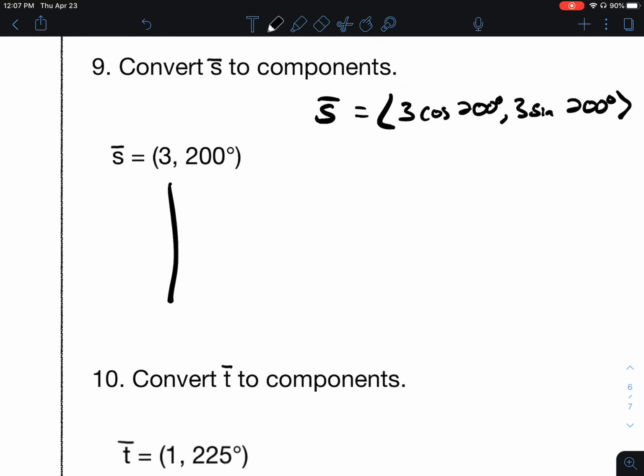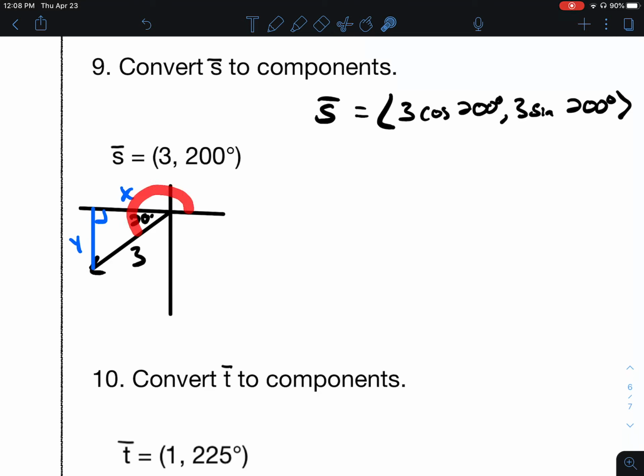If you need some help on why that is the case, we can draw this. 200 degrees is going to be in quadrant 3. Magnitude is 3. That makes the reference angle 20. If we wanted to drop this vertical, so we have a reference triangle, we have our y and x value, which we don't know. But then we could say cosine of 200 is x over r.